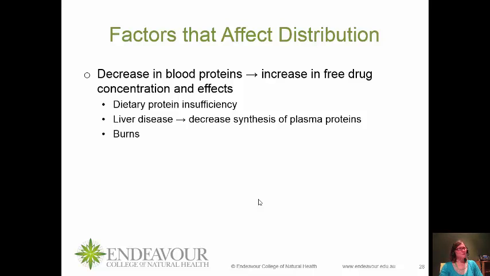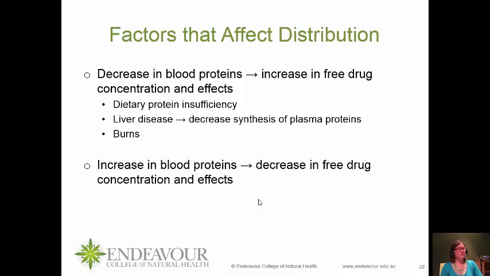So if a person has a burn, they'll compartmentalise much of their plasma to this serous ooze in the burn, and those plasma proteins are there at the site of the burn having their very necessary actions, but they'll be unavailable in the blood then, making that person perhaps more susceptible to various drugs.